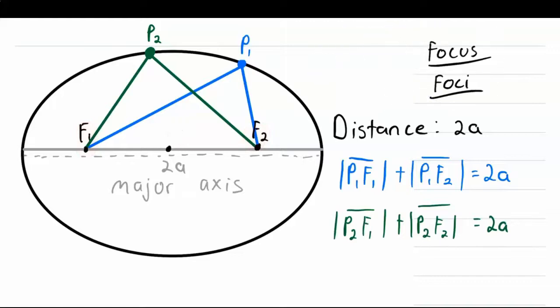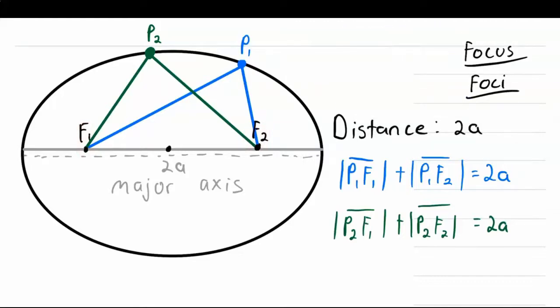But what's so cool about this point that we just drew? Well, this neat little point is called the center of the ellipse. And the center is also the midpoint of the major axis. So since these two distances are equal, and together they add up to 2a, we know that this distance is a, and this distance is a.